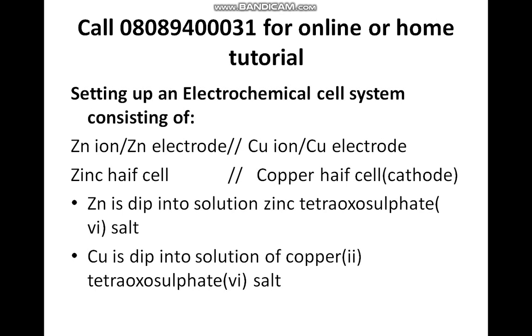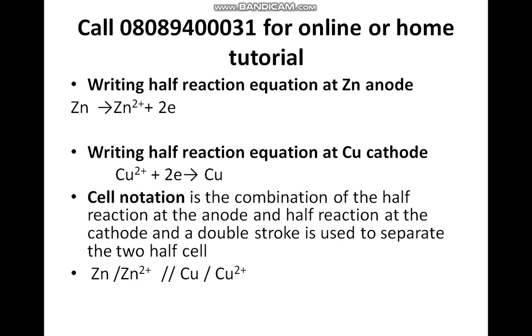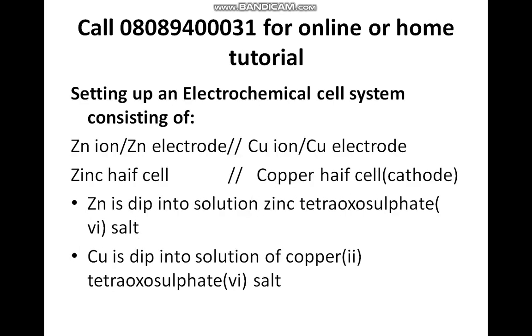The zinc metal rod, which is the more reactive of the 2 metals, that is, zinc is the most reactive between zinc and copper, serves as the anode, and it loses electrons and goes into solution as zinc ion. The additional zinc ion results in excess zinc ion in the zinc half cell.